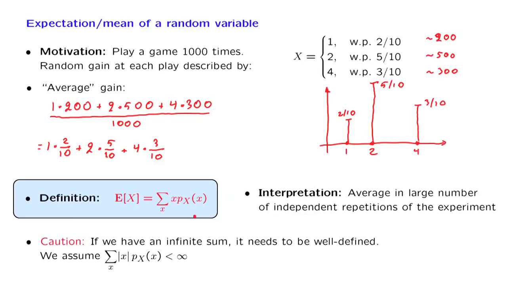In order for it to have a well-defined limit, we will be making the assumption that this infinite series is, as it's called, absolutely convergent, namely that if we replace the x's by their absolute values, so we're adding non-negative numbers, the sum of those numbers is going to be finite. So this is a technical condition that we need in order to make sure that this expected value is a well-defined and finite quantity.